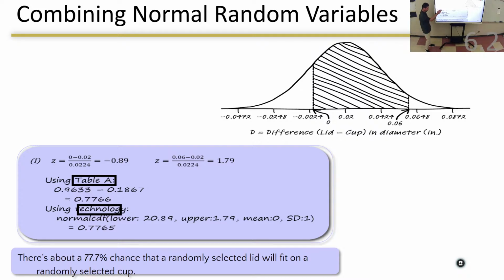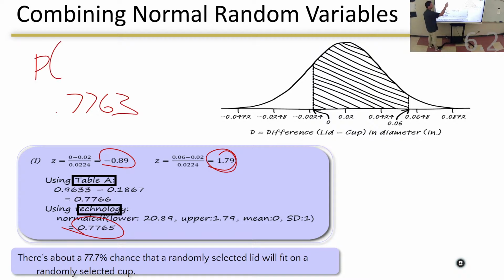There's a z-score. We don't care about z-scores, although you should remember the z-score is 1.07 and negative 0.77, and the probability is 0.7763. So you should probably have a probability statement, x is less than 0.06 but greater than 0, with a nice pretty picture like you got already.